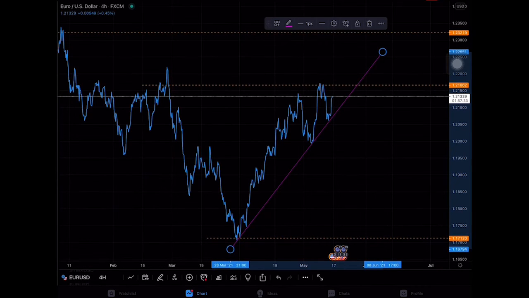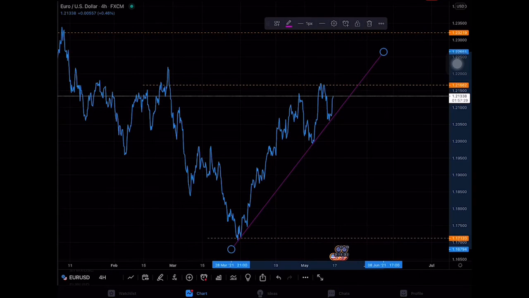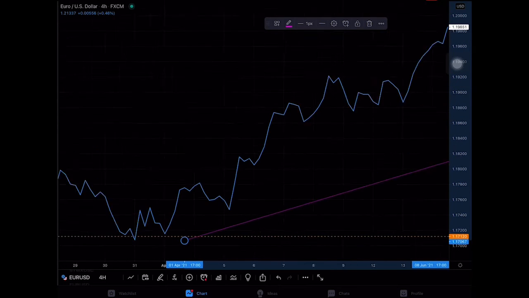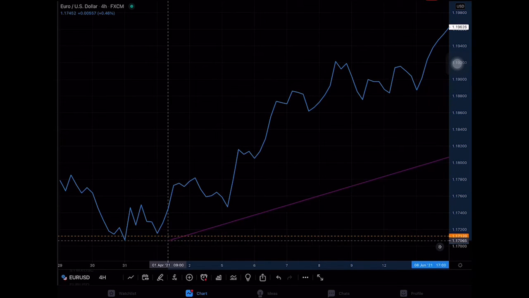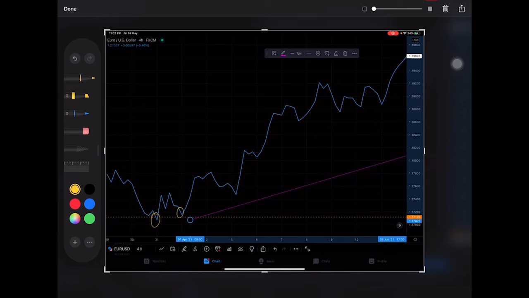Use the line chart. If you guys find there's 2 points really close, just take this second one. No need to take this one. Take this second one.